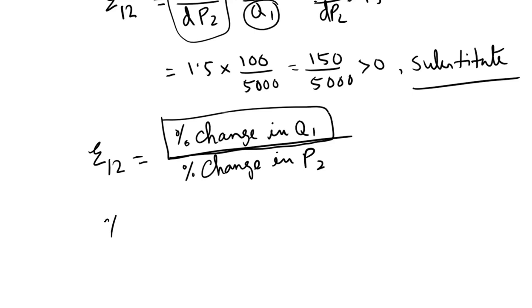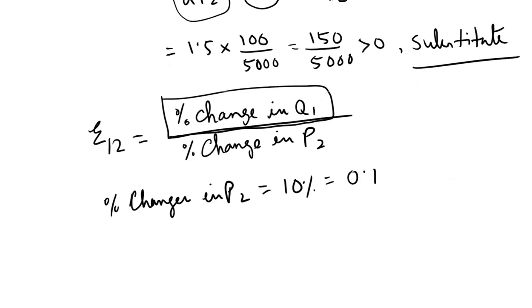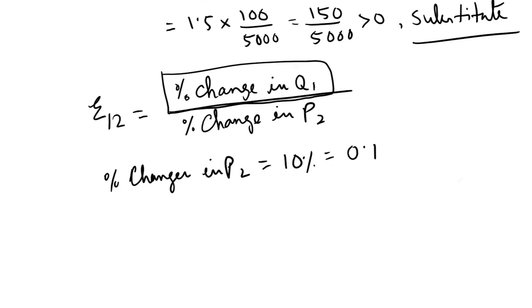So in other words, percentage change in P2 is 10%. It's an increase, so it should be this. If it's a decrease, then it should be -10 or -0.1. We just found that epsilon 1 2 is 150 by 5000.